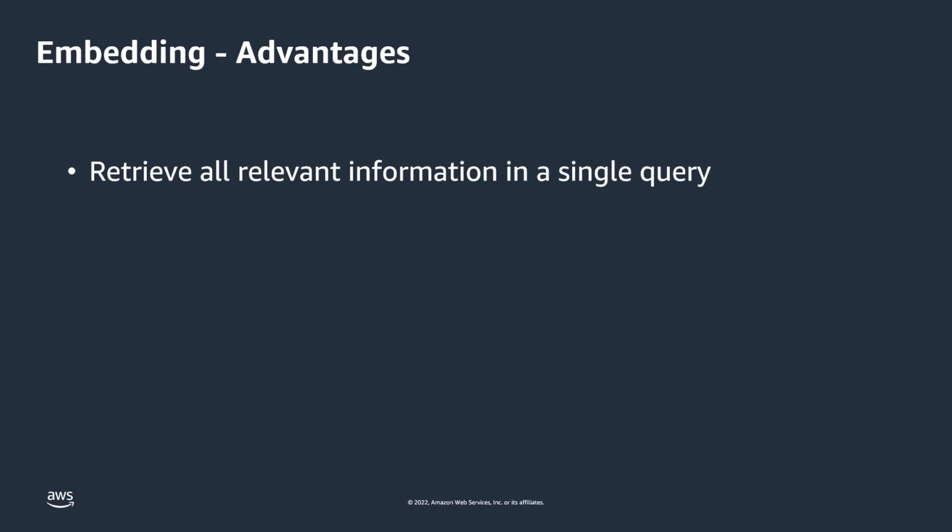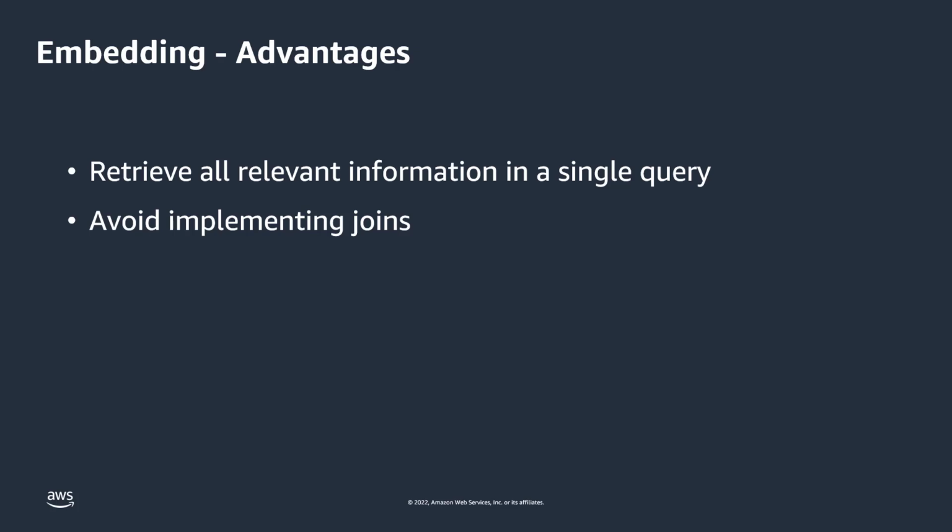Now, the major advantage of the embedded model is that there are fewer calls to the database, as all the needed data for an entity, in my example the ice cream product, is retrieved in a single query. Joins can have additional overhead, and this way we avoid implementing them.